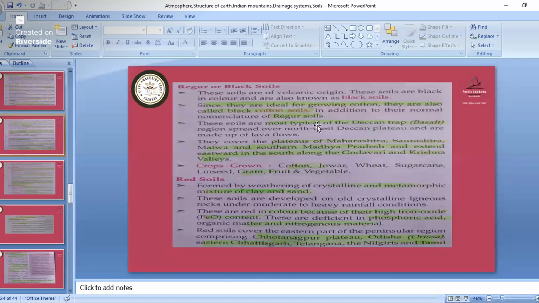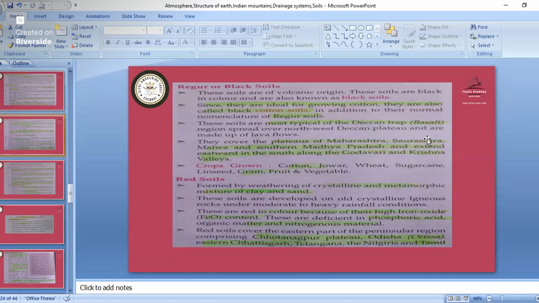And these soils are most typical of the Deccan Trap. In the Deccan Plateau, we will find these black soils. The Deccan Trap is made up of basalt, in which black soils are found. They cover the plateaus of Maharashtra, Saurashtra. See, alluvial soil is found in northern India and the river bank areas, and black soil is found in the Deccan Plateau regions.